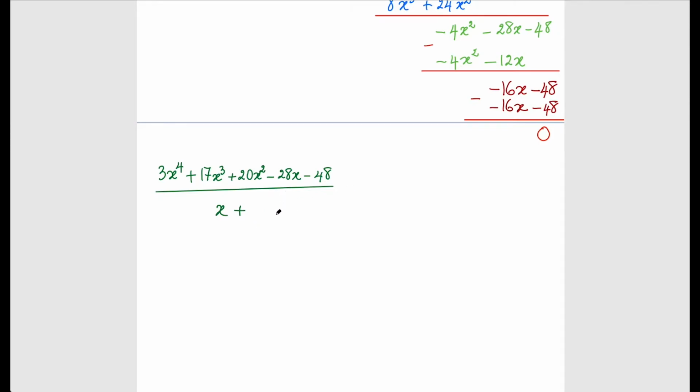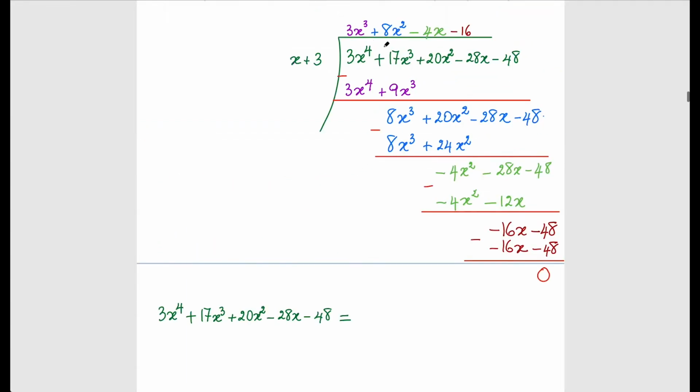Okay, you know what? Let's do it one more time. Let's write the whole thing. So this is the dividend, is equal to the quotient times the divisor. So x plus 3 times the quotient, which is this. This is the quotient. So 3x cubed plus 8x squared minus 4x minus 16.